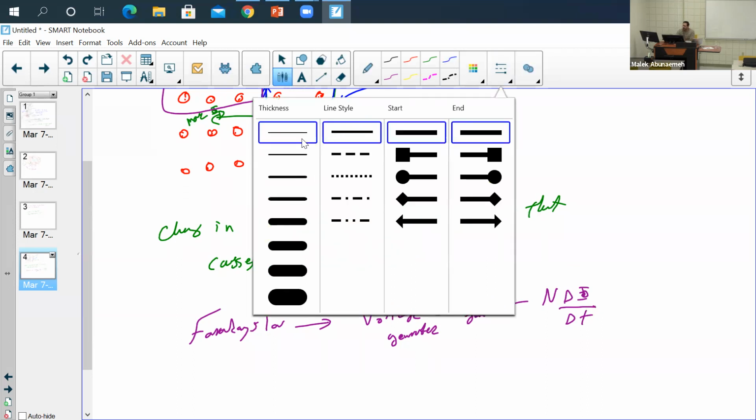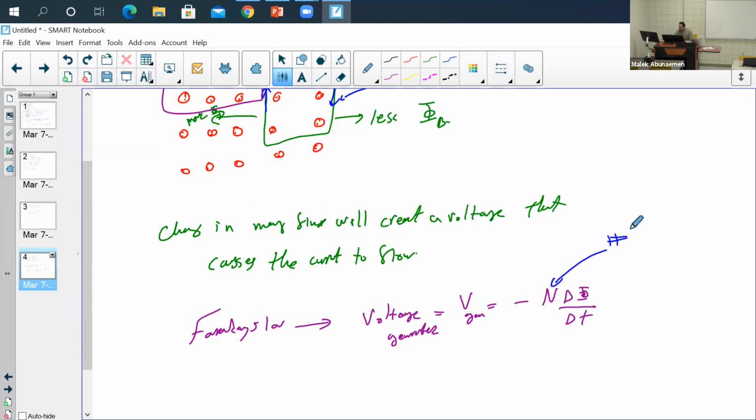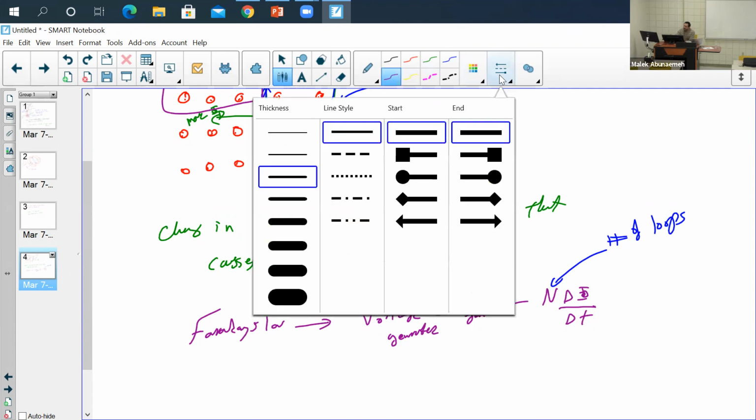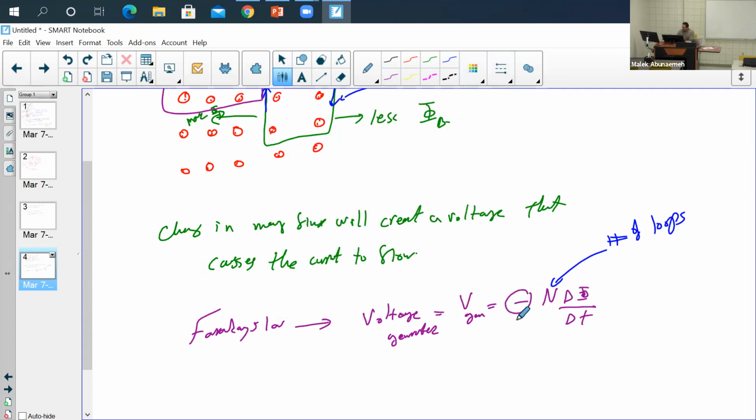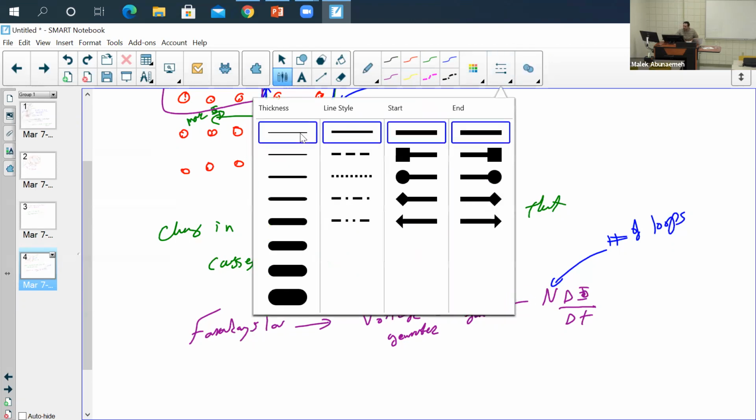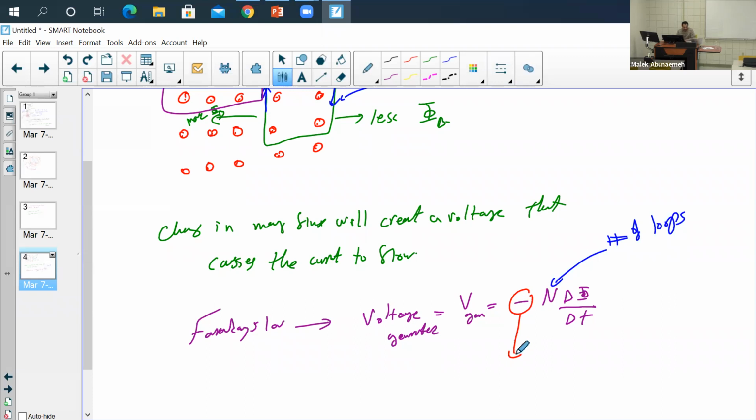Now N is going to be your number of loops of wire. Now the negative sign is a reminder for us to use Lenz's law. That's why the negative is over there.